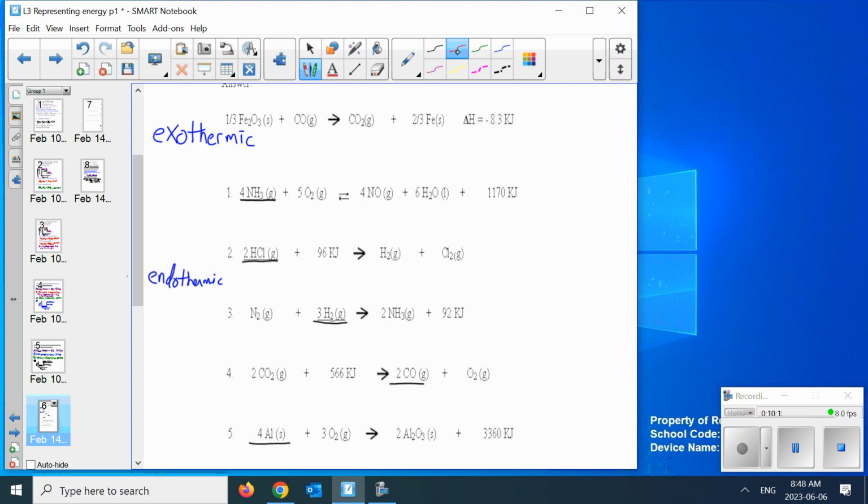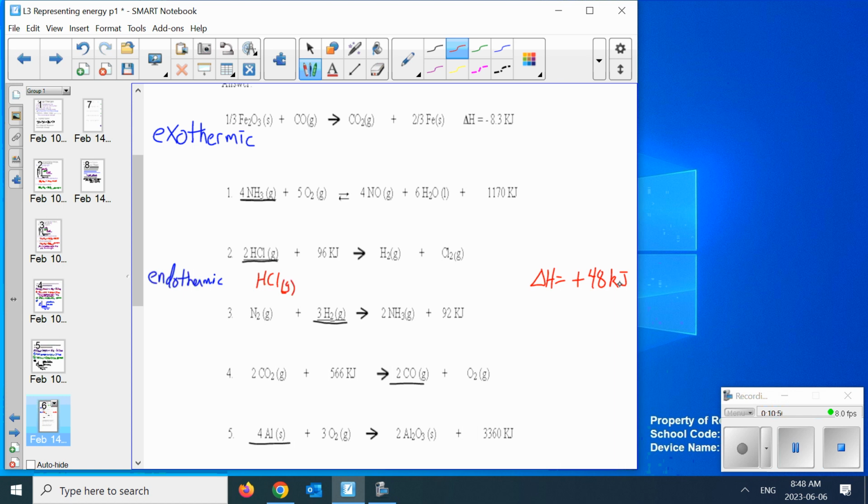So 2 HCl divided by 2 is HCl, plus nothing else, because that 96 is going to come later on. 96 divided by 2 is 48. I'm going to put that over here because we want delta H. Not just 48, it's positive 48 because it's endothermic. It's on the left side.